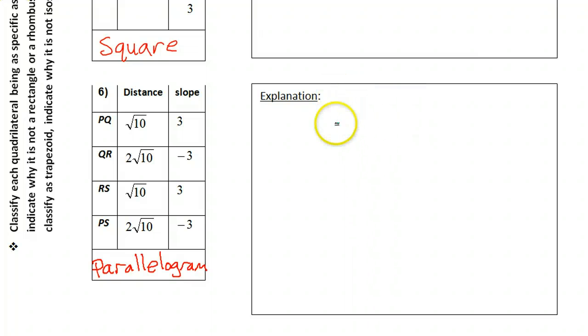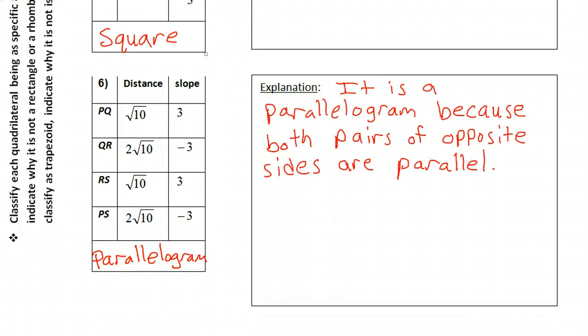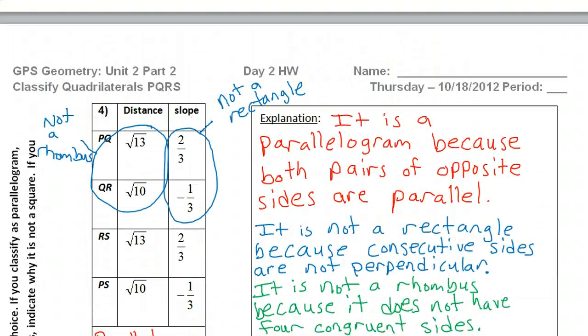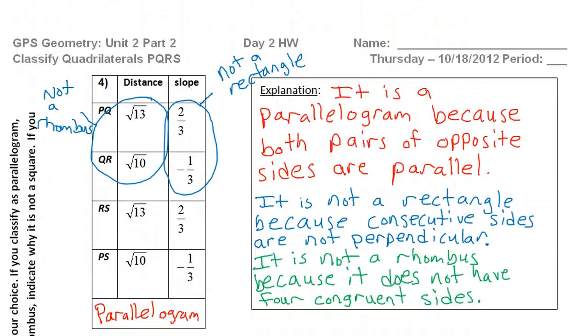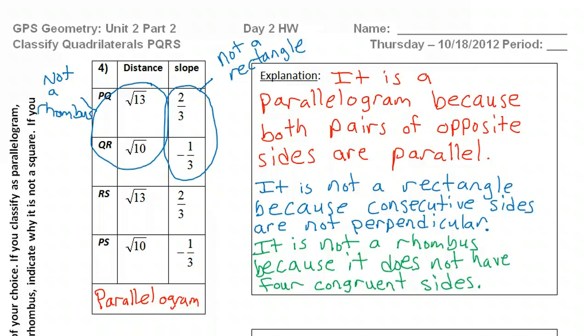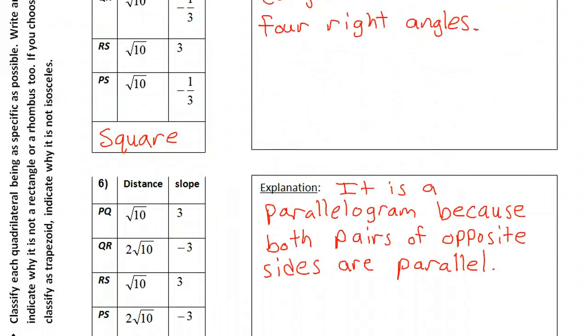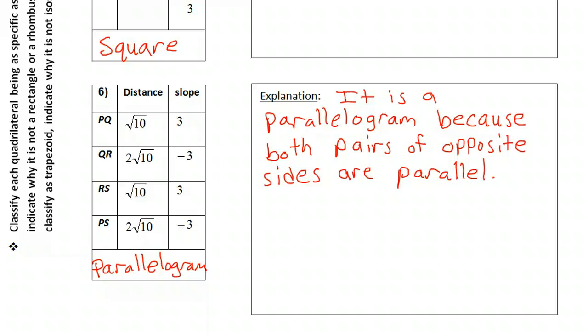And in our explanation, we will just mention the definition of parallelogram. Now, you might notice that I just cut and pasted this from problem number 4. Because problem number 4 was also a parallelogram, so you're going to say the same thing. Yes, it is a parallelogram because both pairs of opposite sides are parallel. Okay, 3, 3, negative 3, negative 3.